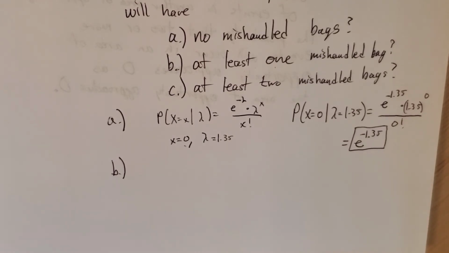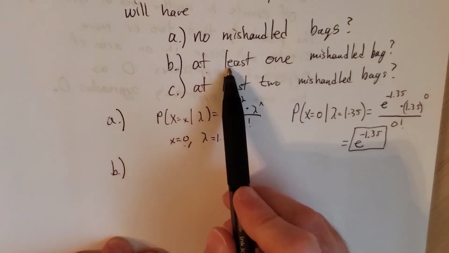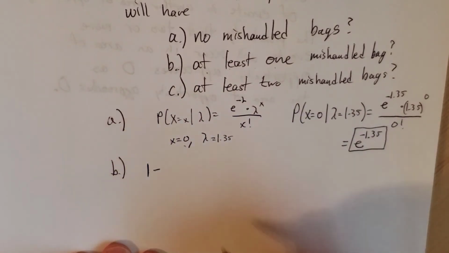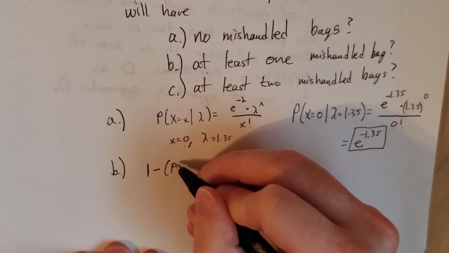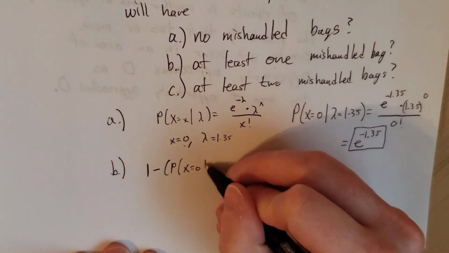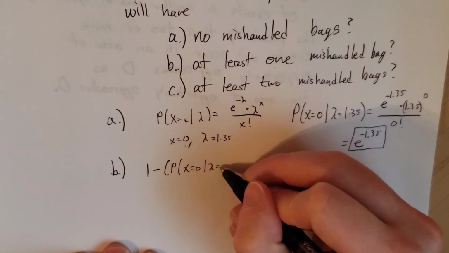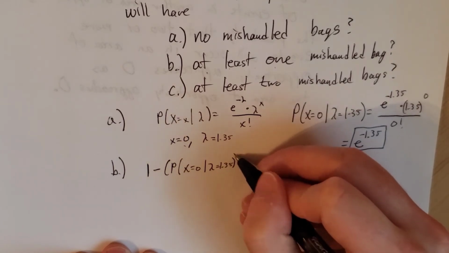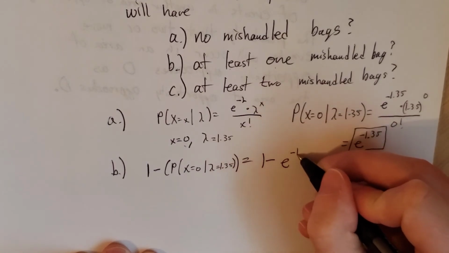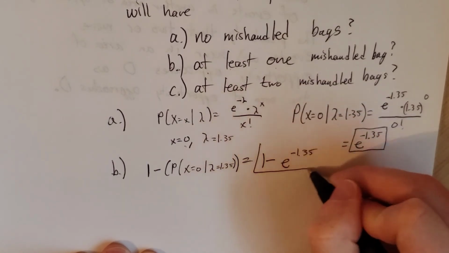That whole probability should add up to be 1. So the probability that we have at least 1 mishandled bag is just 1 minus the probability of 0 mishandled bags, which is 1 minus e to the negative 1.35.